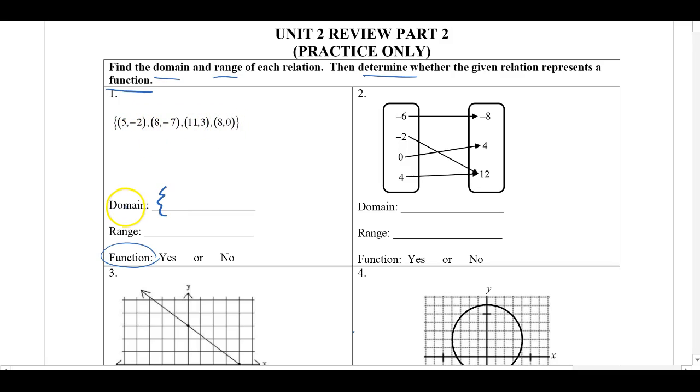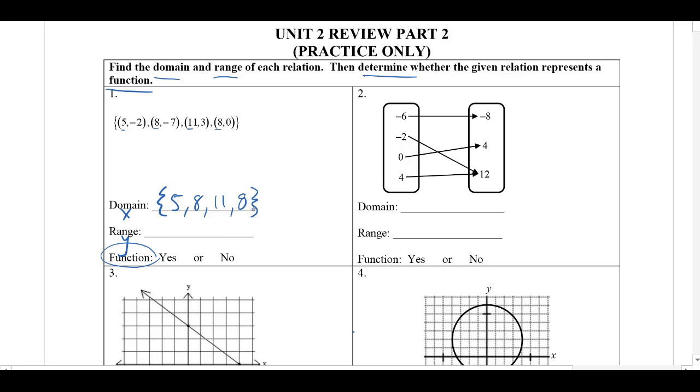Remember, domain is all the x values, range is all the y's. So for domain, I take all my x values. That's 5, 8, 11, and 8.